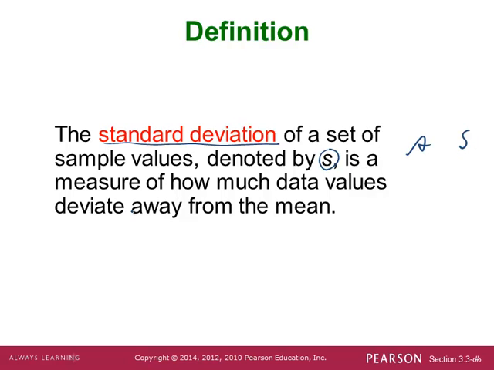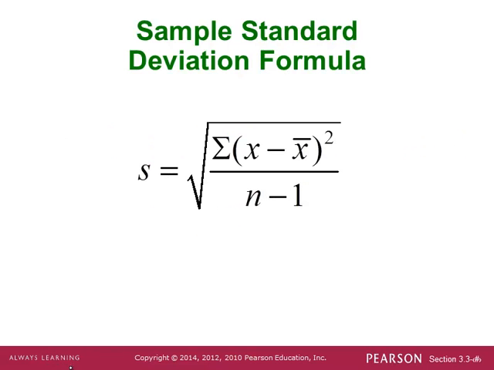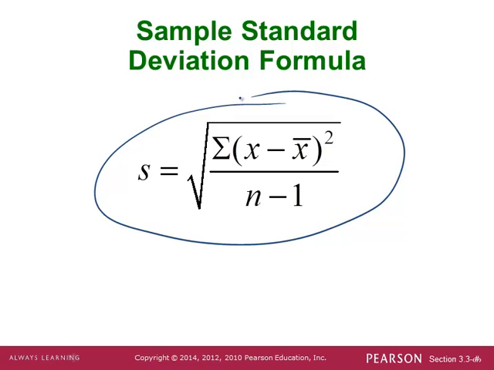Lowercase s, it's a measure of how much the data values in your sample deviate away from the mean. Here is the formula of how to calculate your standard deviation, the standard deviation of your set of numbers.